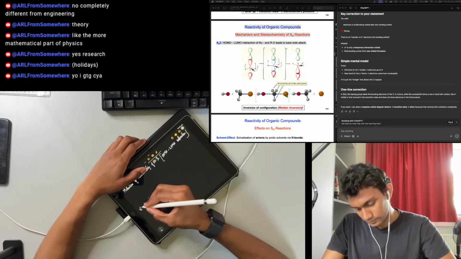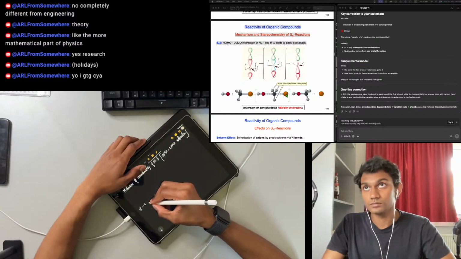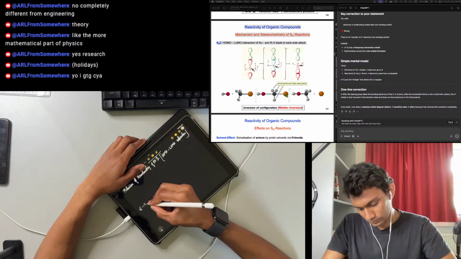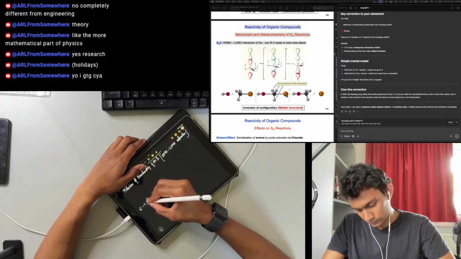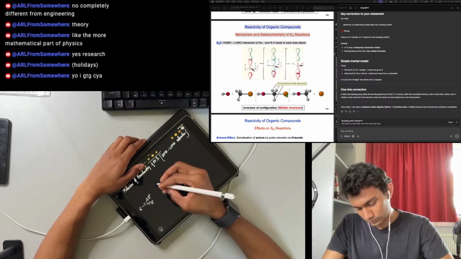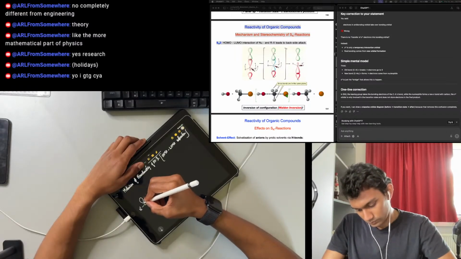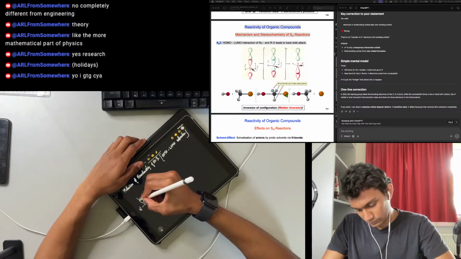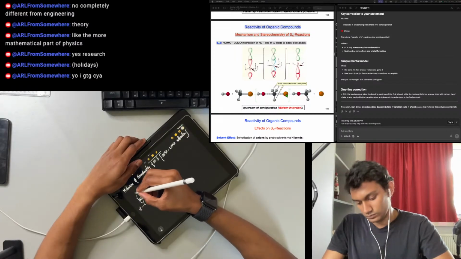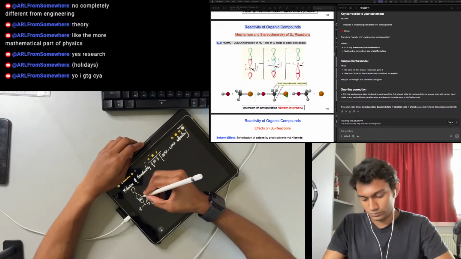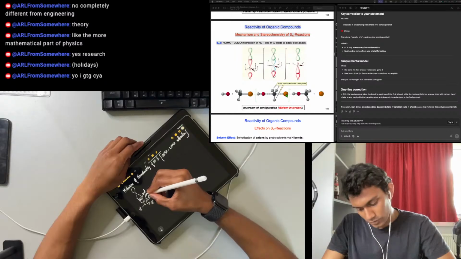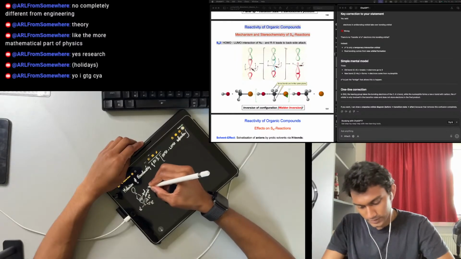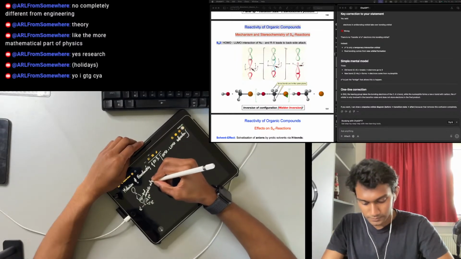So we got the carbon. Bond. Electrophilic center.